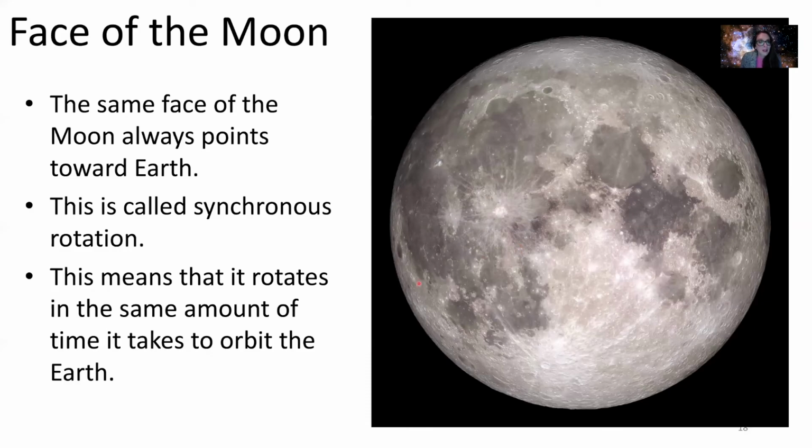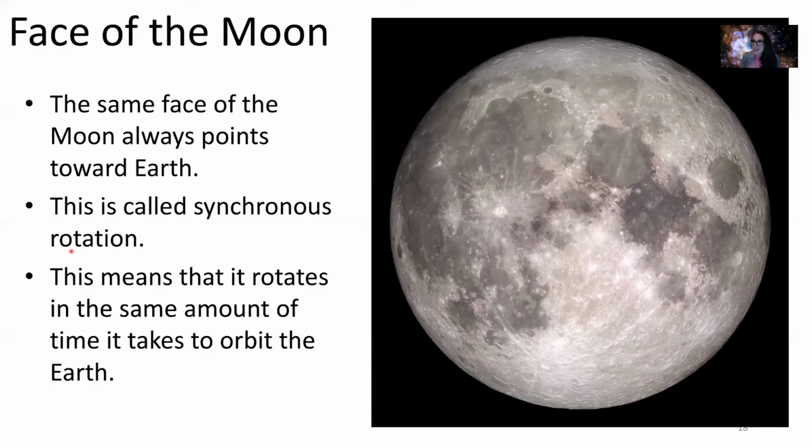So that means that the moon rotates on its axis in the same amount of time that it takes to orbit the Earth. And we find that there are a lot of planets in our universe that are in a synchronous rotation with their star. That means that only one side of the planet is always facing that star all of the time.